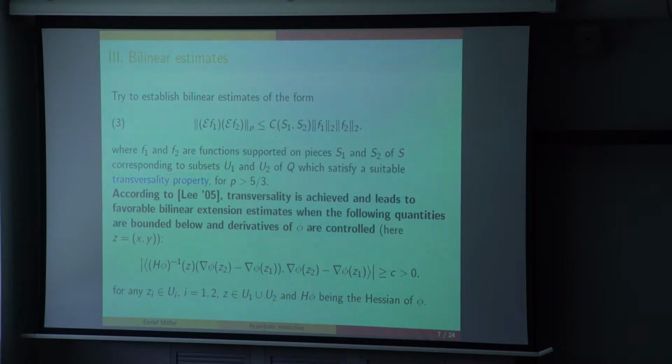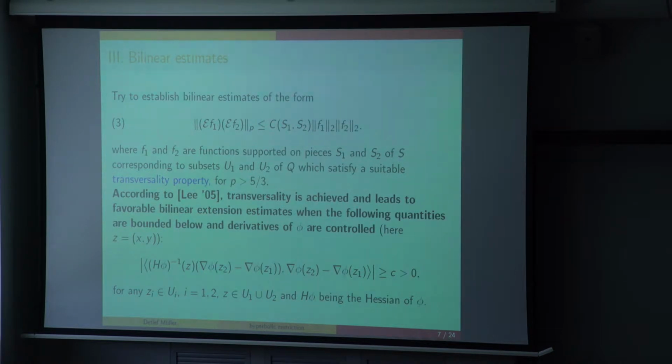This kind of transversality can be expressed in the following form. You have this expression here. Imagine you have two pieces of surface. Since the surface is a graph of a function phi, they sit over two patches, u1 and u2, in R2, in the coordinate plane, so to speak.